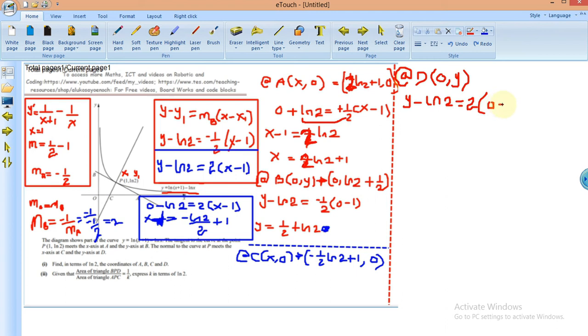Go ahead and use y as subject of the formula. Then y equals, if you use 2 to open up here, you end up with minus 2 here. If you bring this one here, that will be plus. So that will be ln 2 minus 2.